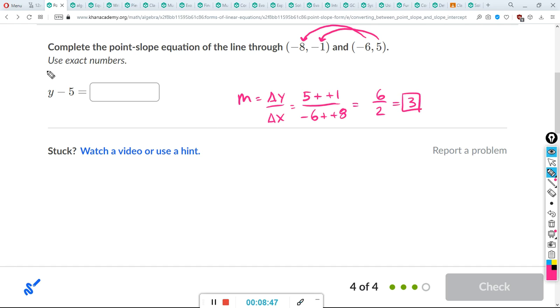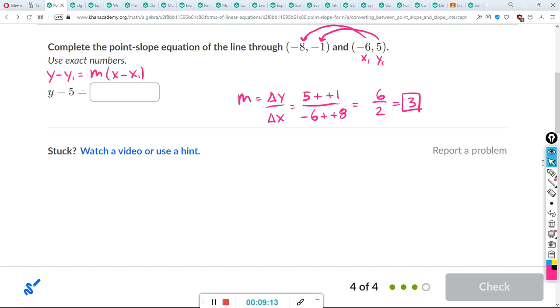So this is y minus y1 equals m times x minus x1. You can see they use positive 5 for y1. So if this is y1, then negative 6 has to be the x1.